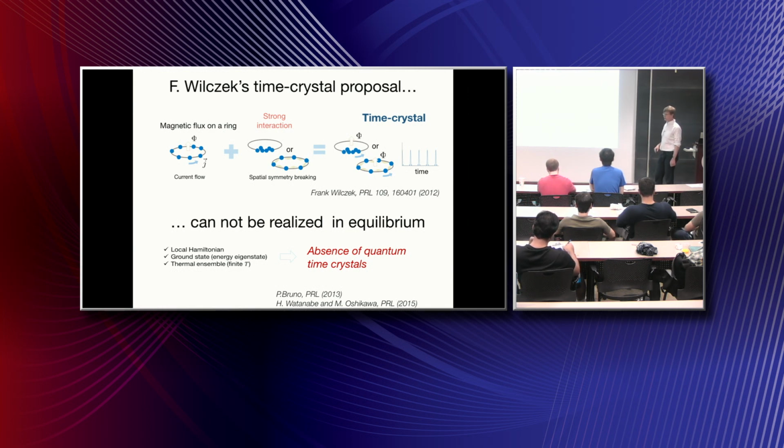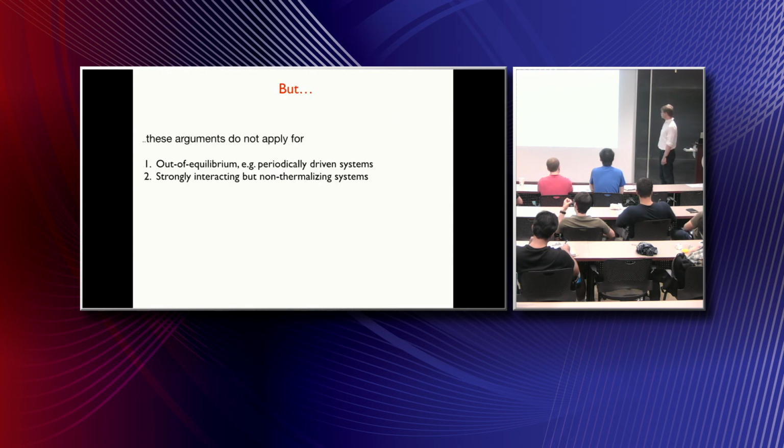You cannot fool nature. But actually, it turns out that if you start relaxing some of these assumptions, you can actually have a stable time crystalline order. Specifically, these general arguments do not apply to systems which are out of equilibrium, for example, a system which you can periodically drive by applying some external control field.